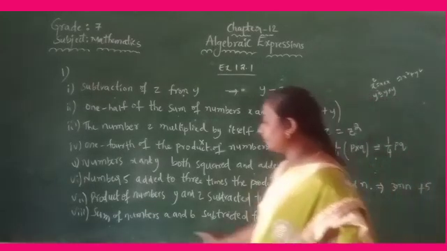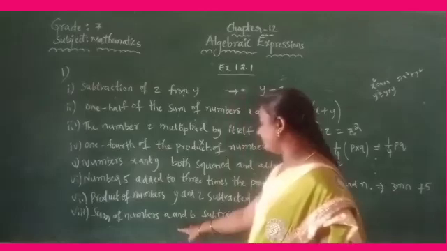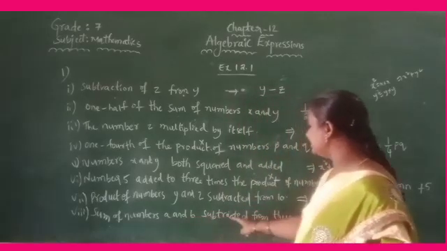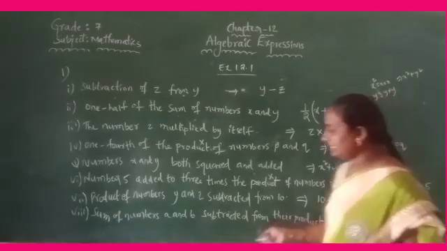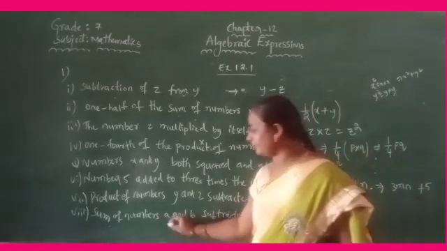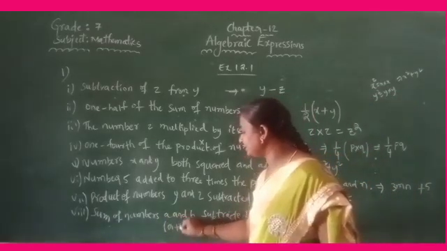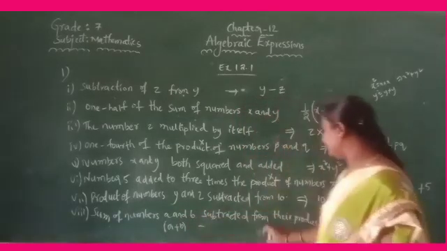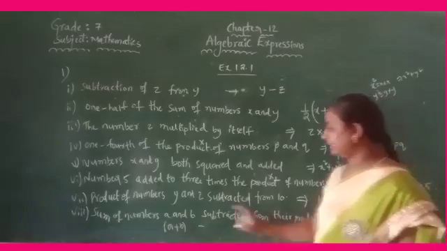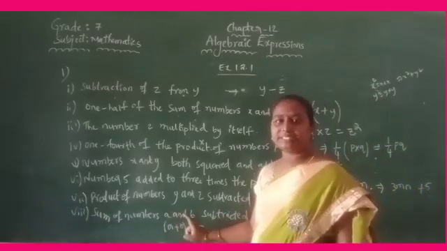Right. See, 8th one. Sum of numbers A and B subtracted from their product. Sum of numbers means A plus B. Subtracted means minus. From their product. Their product means into.